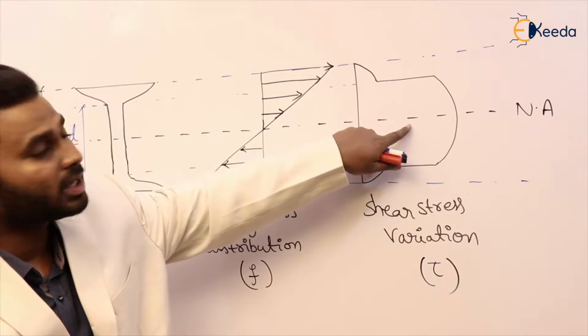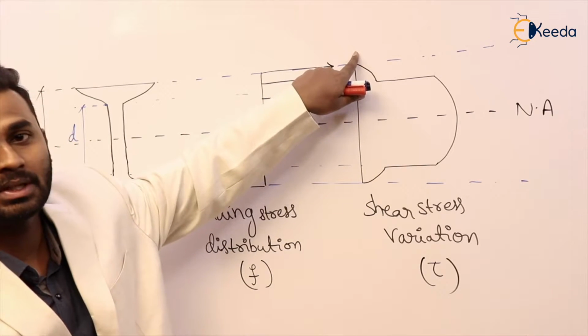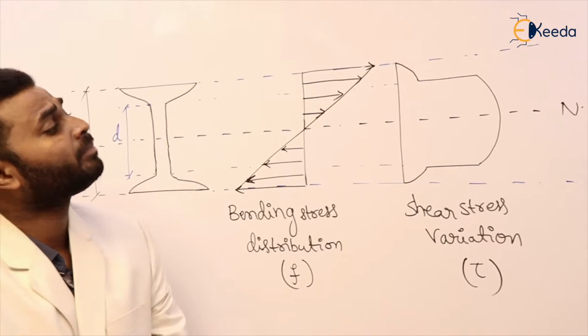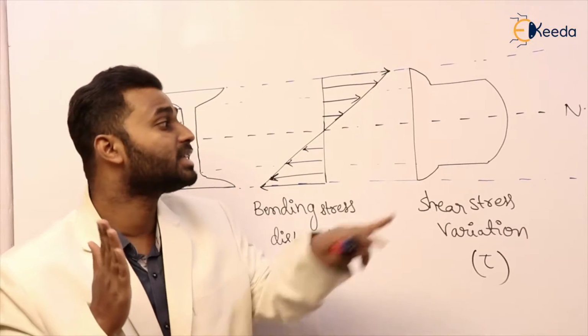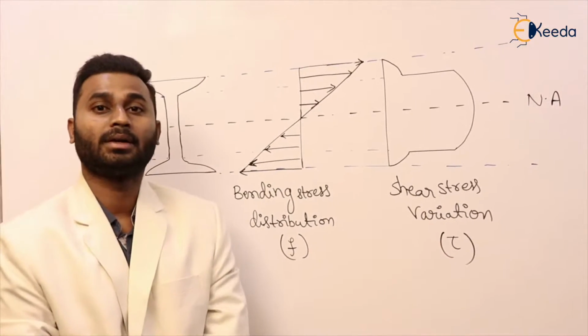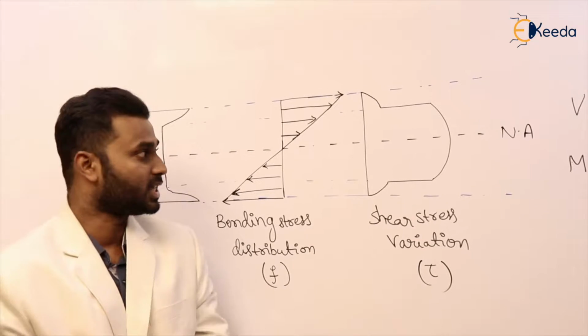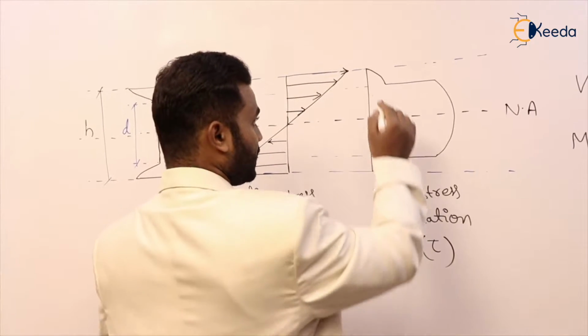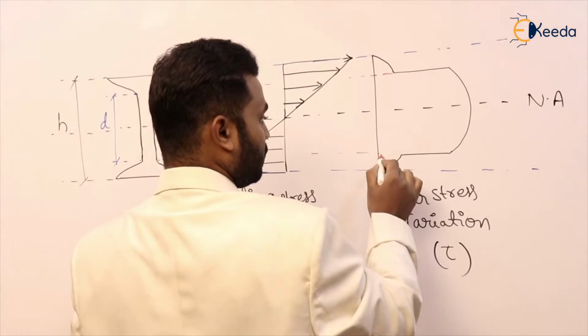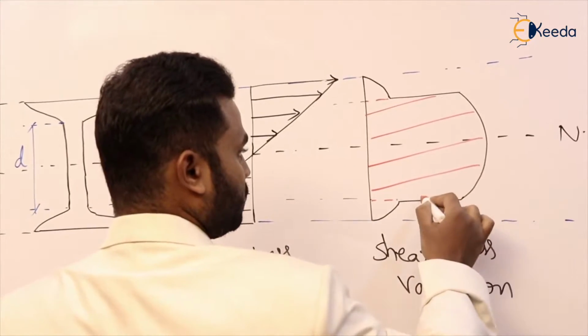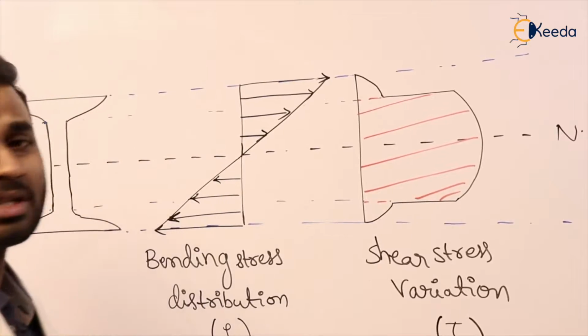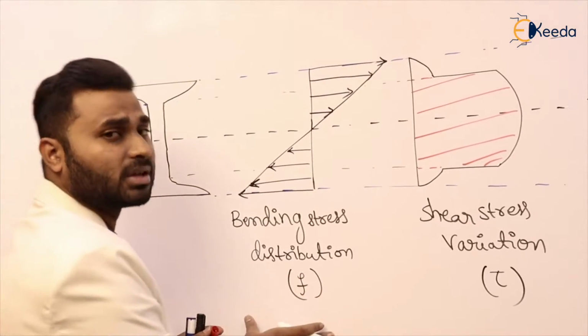It is maximum at the neutral axis and minimum at the extreme fibers. And if we observe the variation diagram, the maximum part of the shear exists only in the web area. Do you agree or not? The maximum shear stress is in the web.